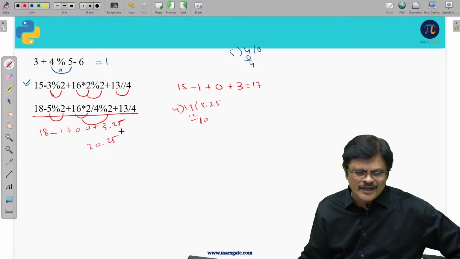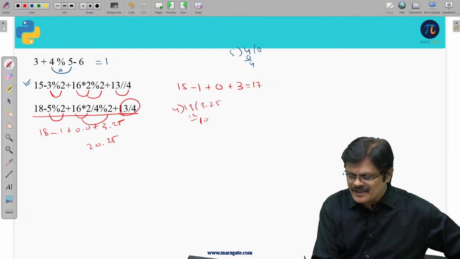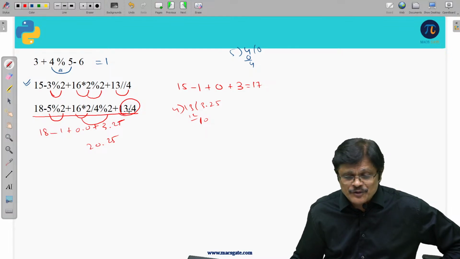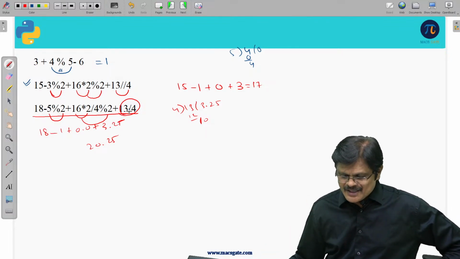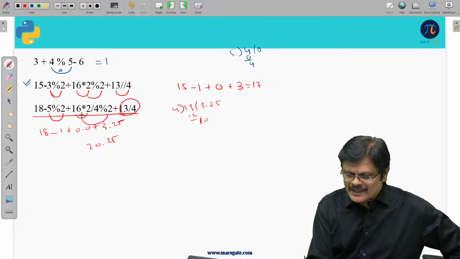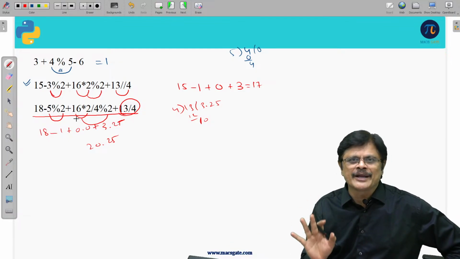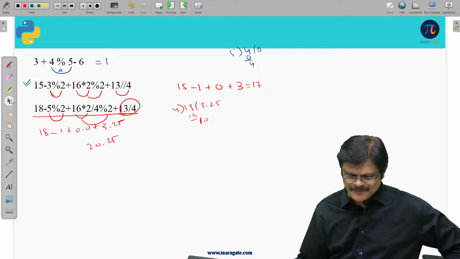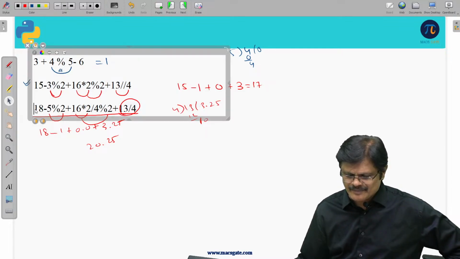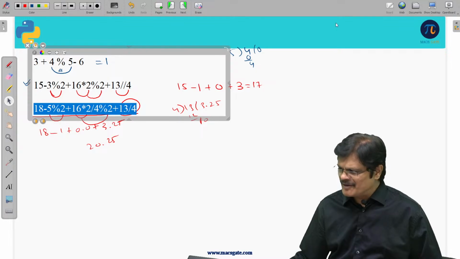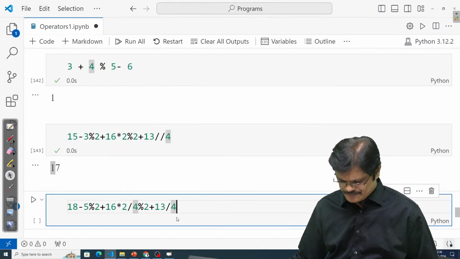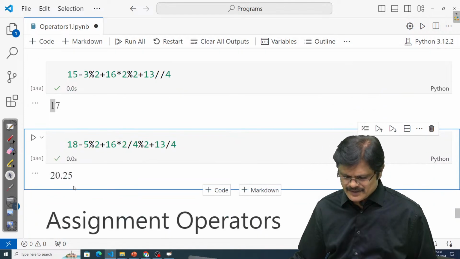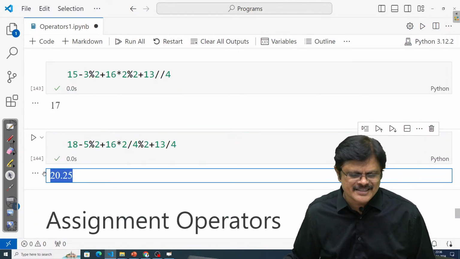No, 20 is not correct, because this is normal division. Normal division will give you a floating point answer. So definitely your answer will be floating point. So 20.25 is the expected answer.